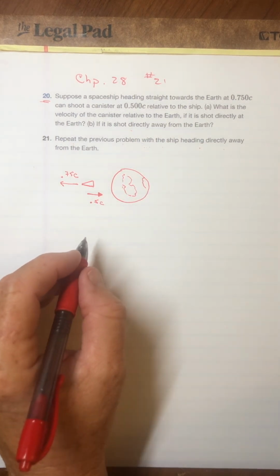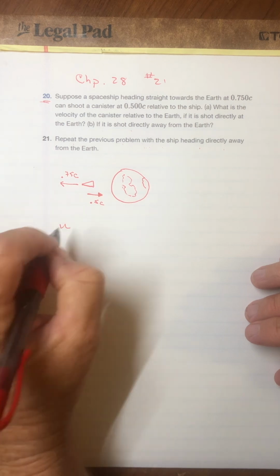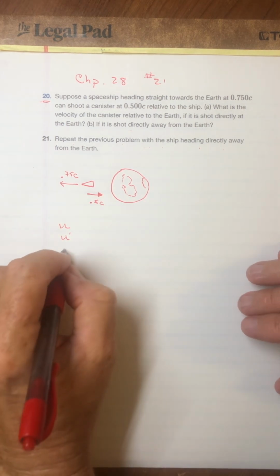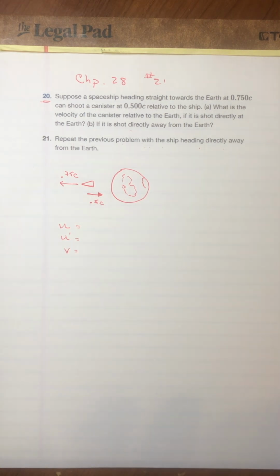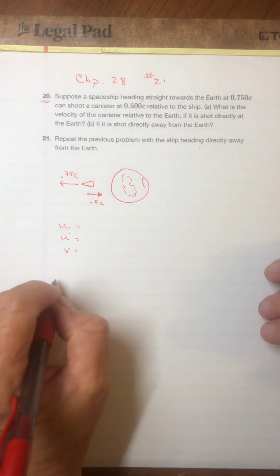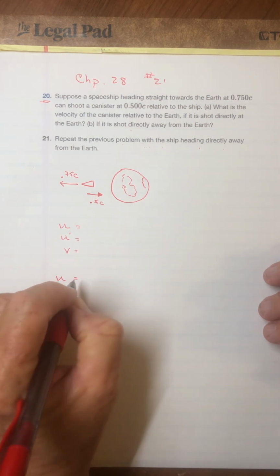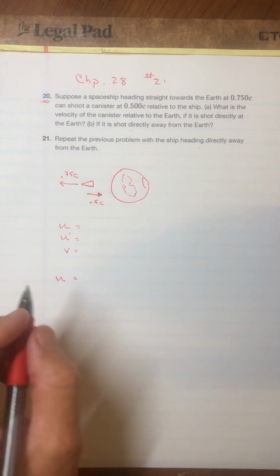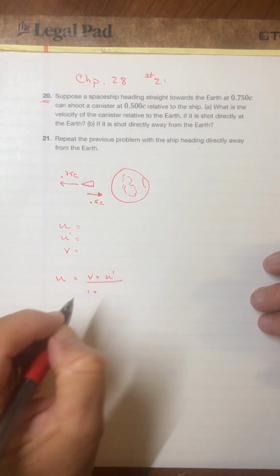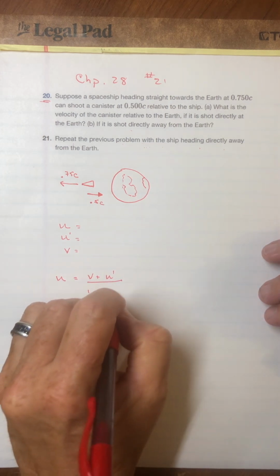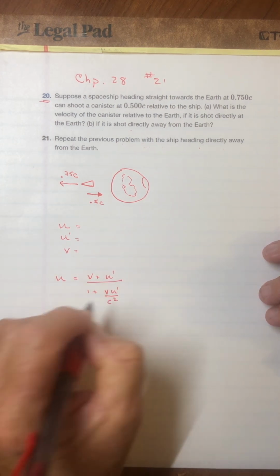Okay. And so we have a U prime and a V. If you watched my previous video, I emphasized conceptually and mathematically, and sometimes they're in conflict with each other, but the equation that connects the two together is U equals V plus U prime over 1 plus V U prime over C squared.